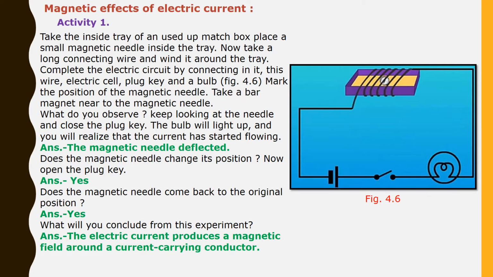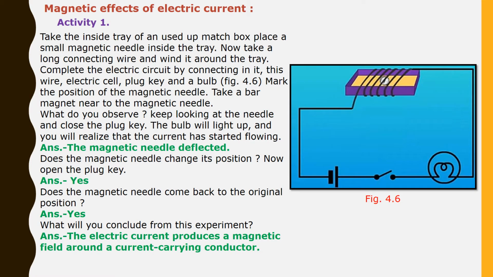Now you have to complete the circuit by connecting electric wire, electric cell, plug key and bulb. Then you have to mark the position of the magnetic needle. Afterwards, take one bar magnet and bring it near the magnetic needle.